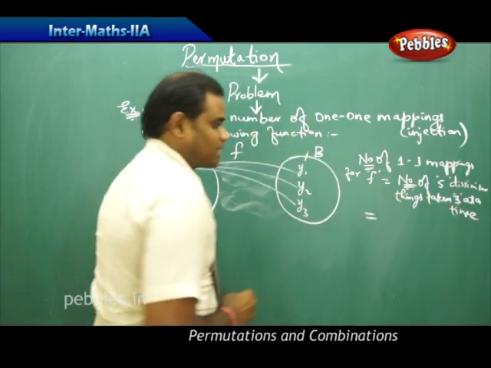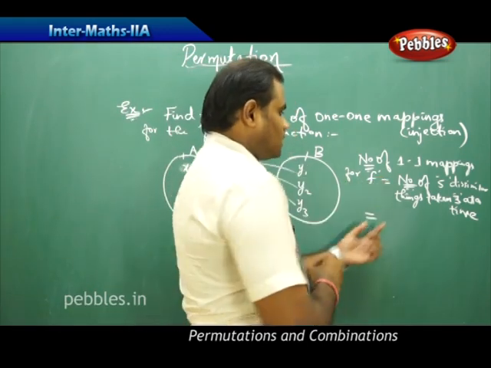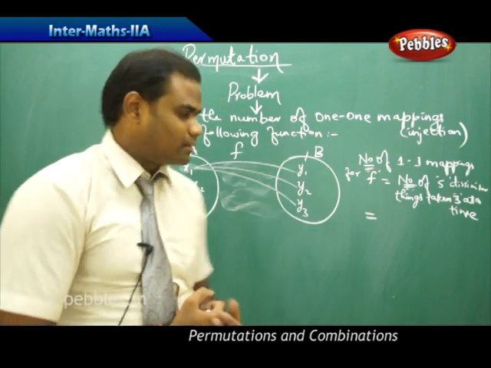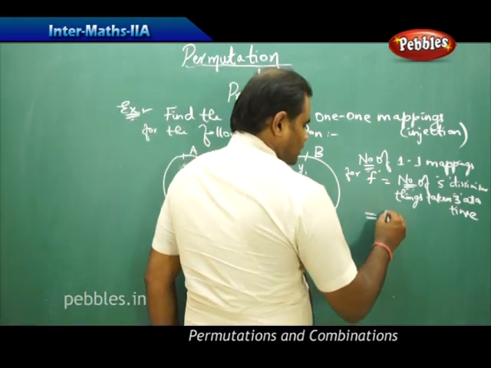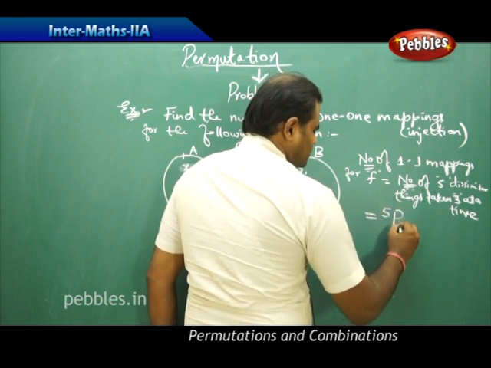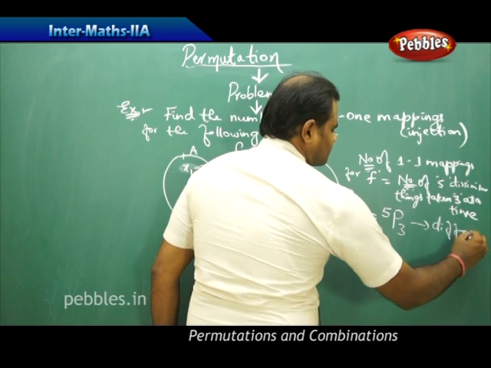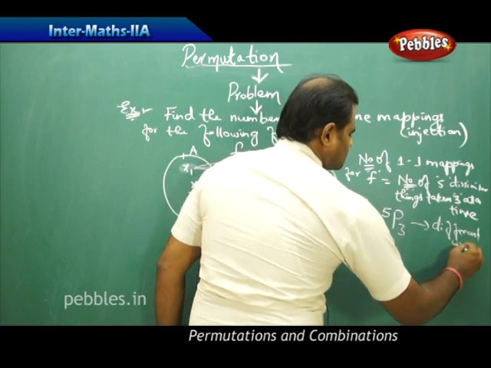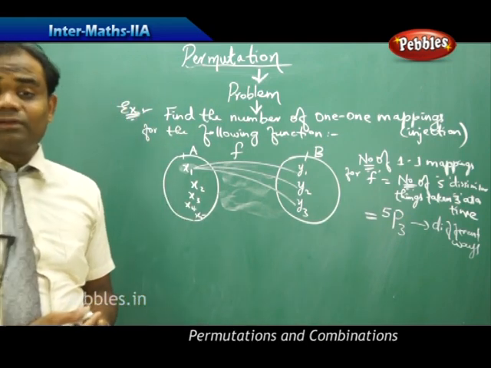That is how I understand this. So the number of 1-1 mappings for the function f is the number of 5 dissimilar things taken 3 at a time. That is, all these come under the NPR, that is, it is possible in 5P3 different ways. That is how we understand the number of 1-1 functions.